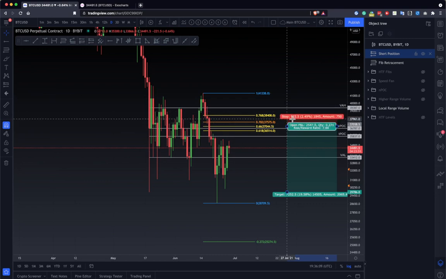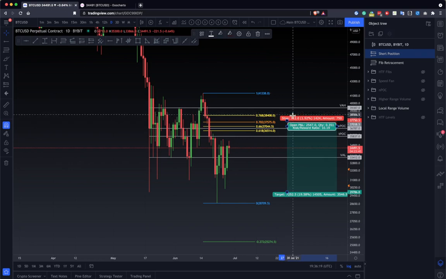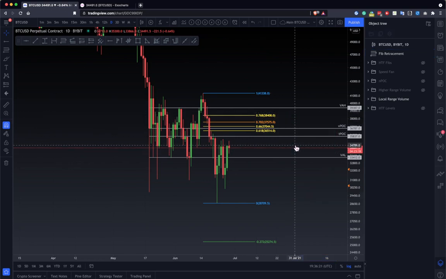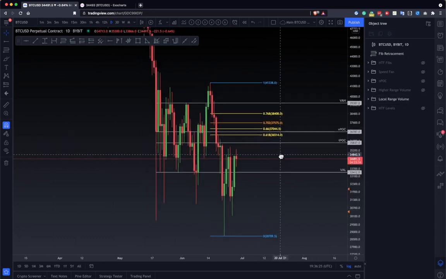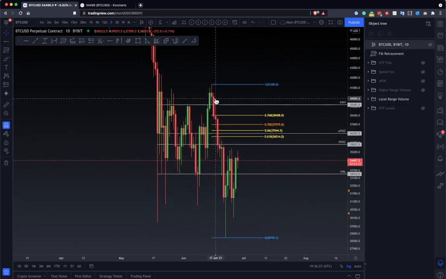You might put your stop loss here, and then it just goes up, hits your stop loss, hits a resistance, and then comes back down. So you have to be very careful. You have to calculate your position size, and also see the trapped traders here.